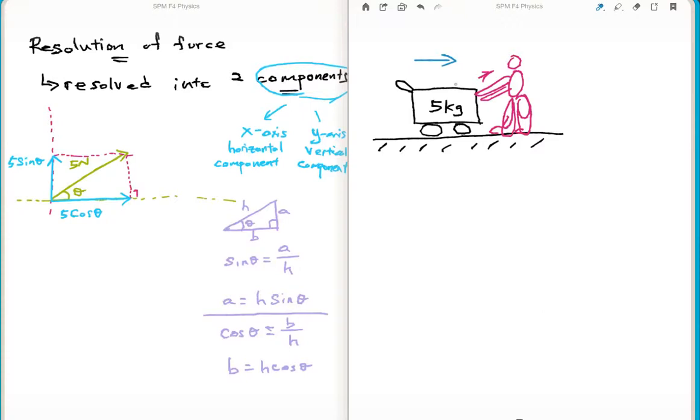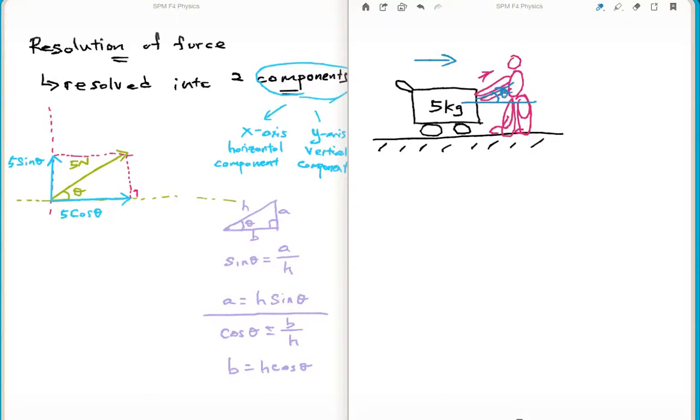Just to give you an example. If you know your height, if you know the length of your hand, then definitely you will have an angle. So if you transfer it into a diagram, this is the angle theta. So this is the direction of the force.